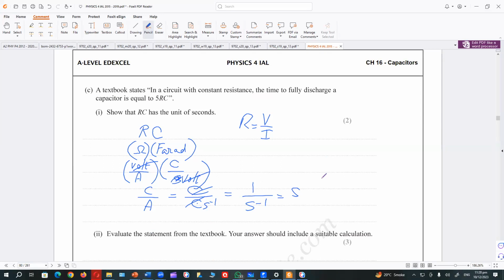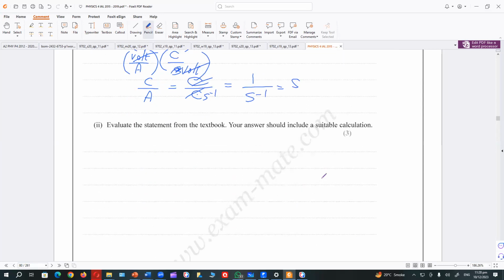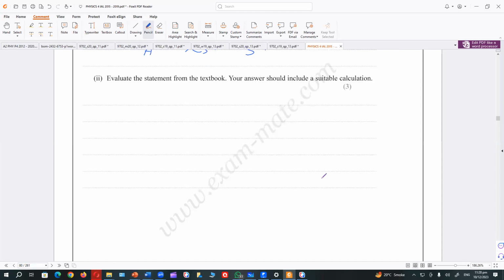Do you remember the topic of exponential discharge of a capacitor? You're right, this is not related to part B. So Q is equal to Q naught e to the power of minus t upon RC.